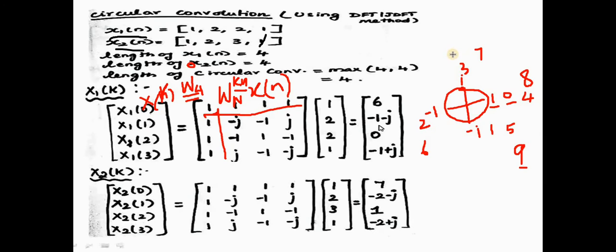So just compare those values and substitute them. You will get this beautiful twiddle factor. Then you multiply with x of n. As usual, it's a matrix multiplication. You will get this value. Again, same as x1 of k, it's going to be x2 of k. Again take the twiddle factor, multiply with x2 of n, and you will get another matrix.